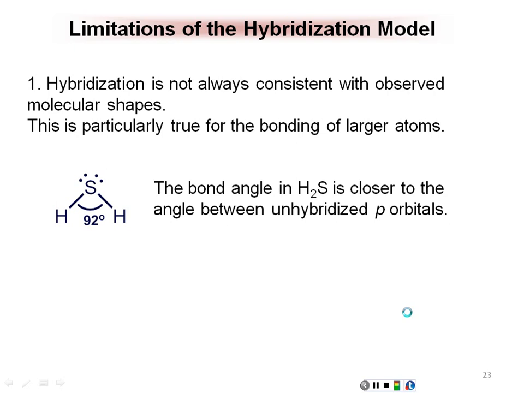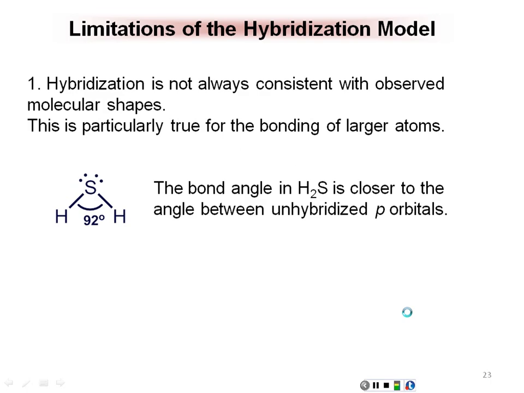The bond angle is approximately 92 degrees, and this is really closer to the angle between unhybridized p orbitals than is predicted by tetrahedral hybridized sp3 orbitals.